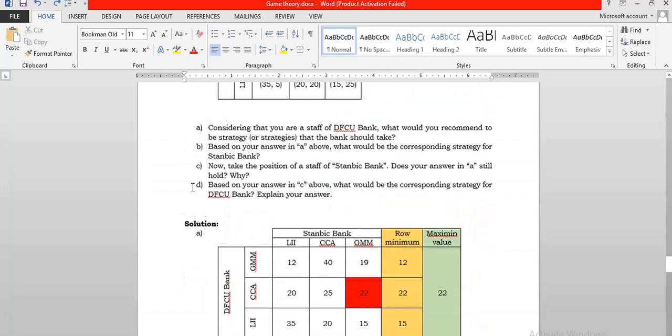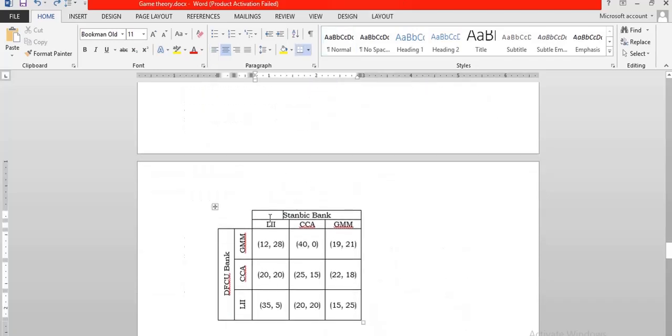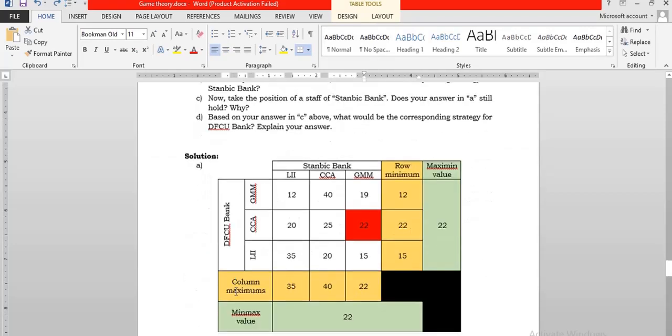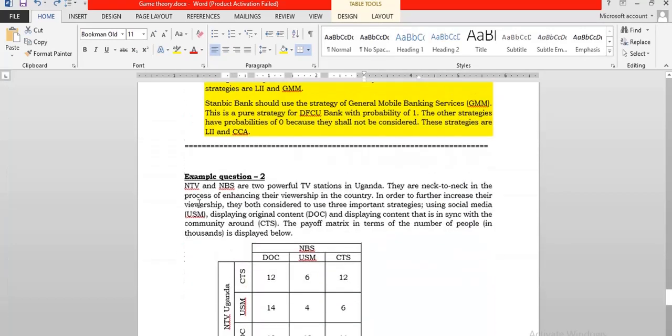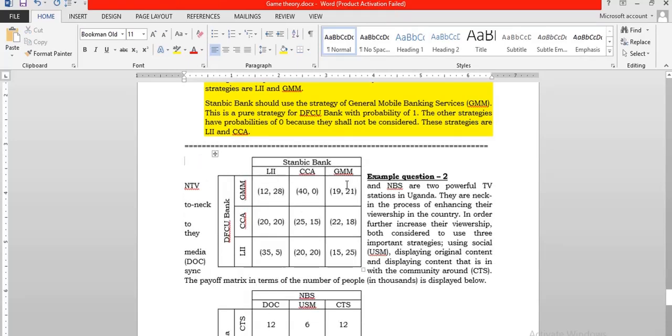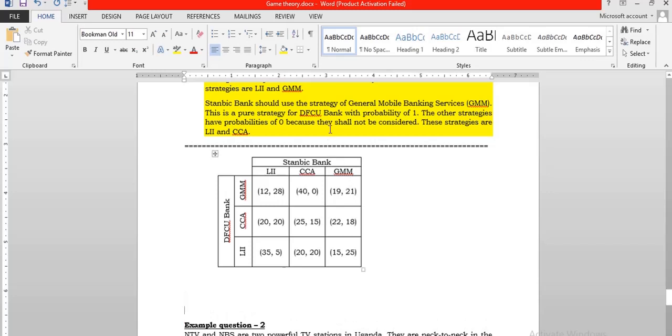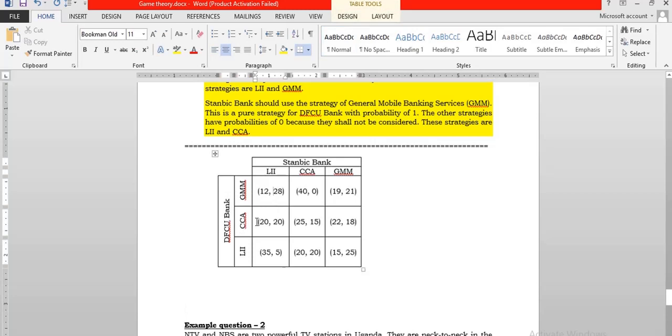Now, what we are going to do is capture this particular question and place it here. Okay, so we see that Stanbic Bank must come here. But before that, let's first remove all these payoffs.